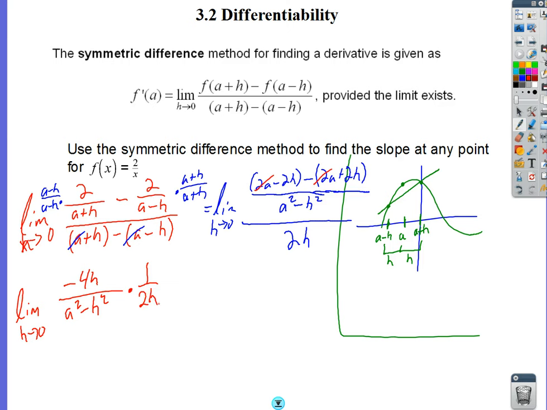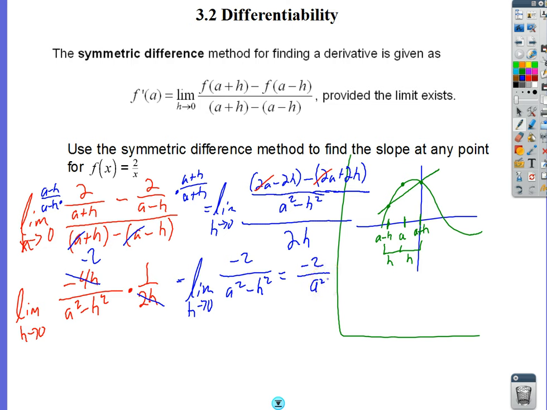And again, I'm going to simplify. This goes 2, it becomes negative 2, and I get the limit as h goes to 0 of negative 2 over a squared minus h squared, which is just equal to, as h goes to 0, negative 2 over a squared.